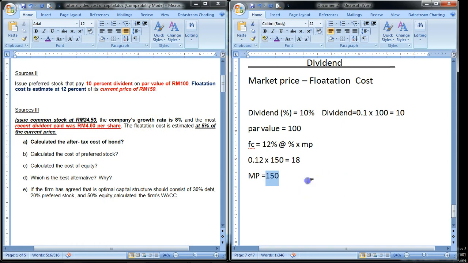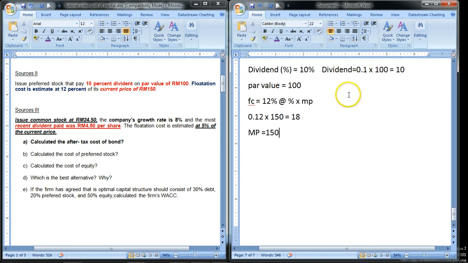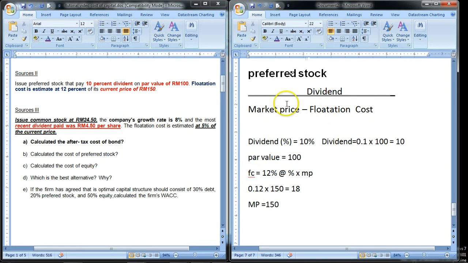My suggestion is when you have extracted information, and you want to do any calculation on preferred stock, bond or common stock, you don't need to look at your question. Focus on step one, only extract information. Get it? Good. So now you can solve it in the formula.